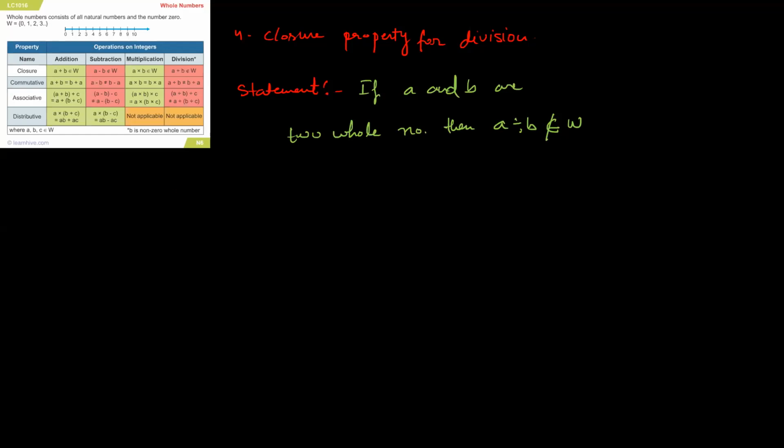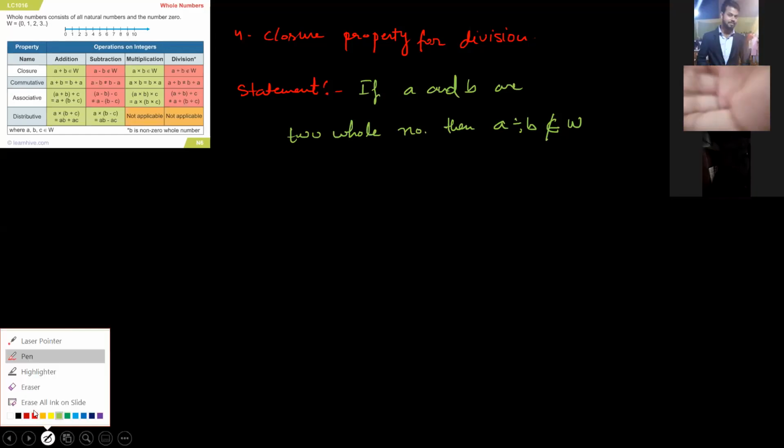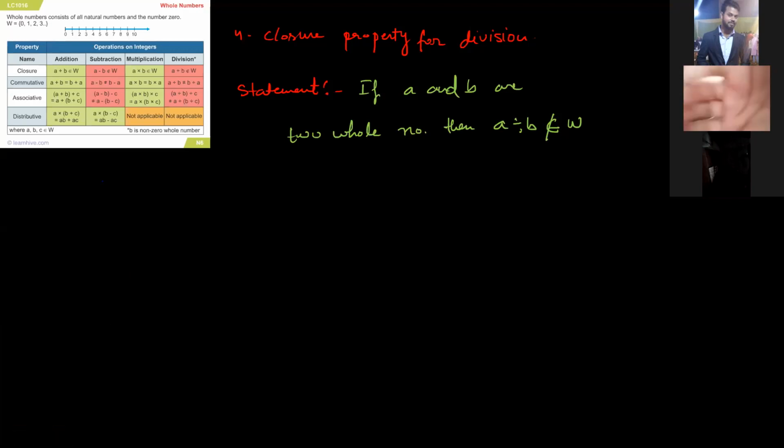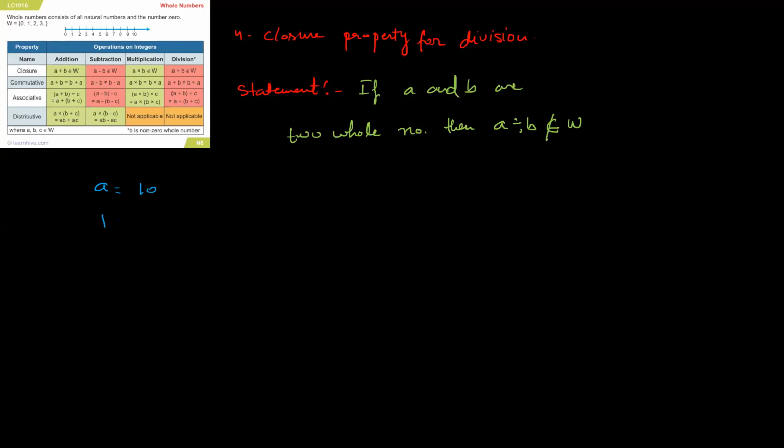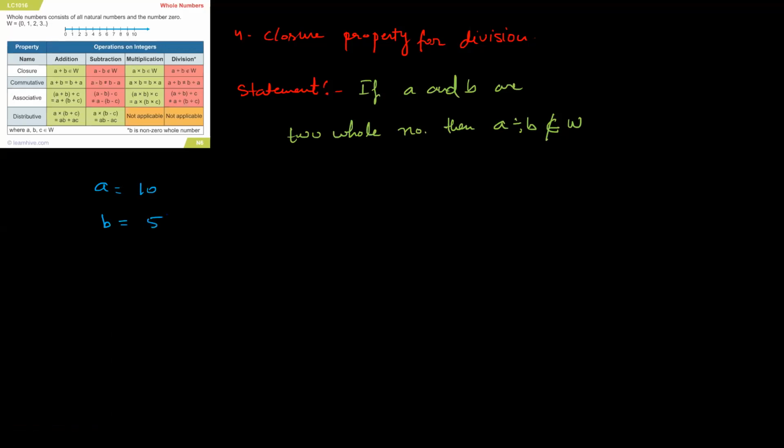For example, how to prove this? Let's say we are having two whole numbers. A is equal to 10 and B is equal to, let's say, 5. So A divided by B means 10 divided by 5.